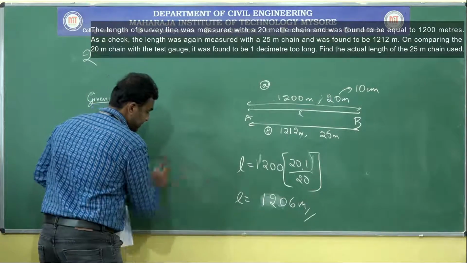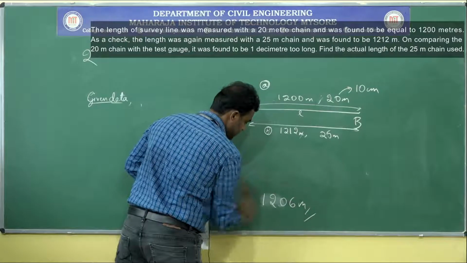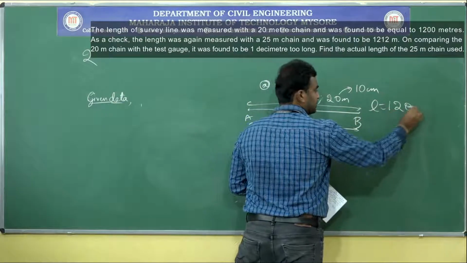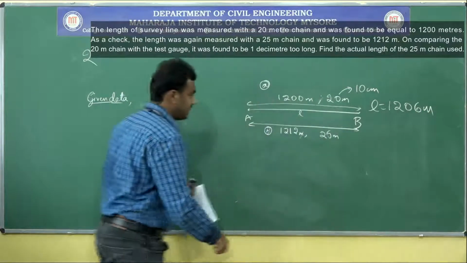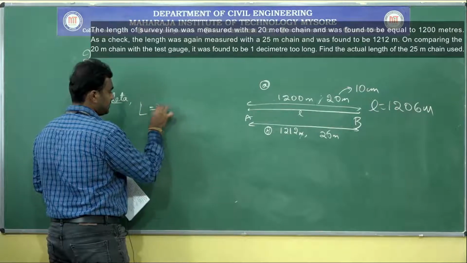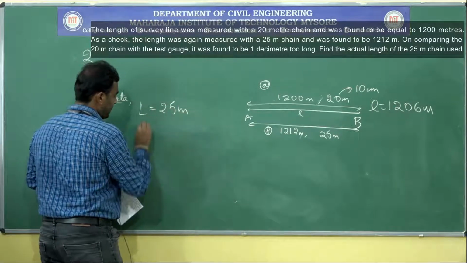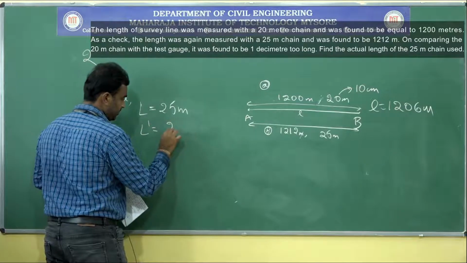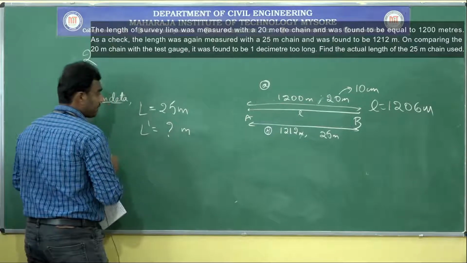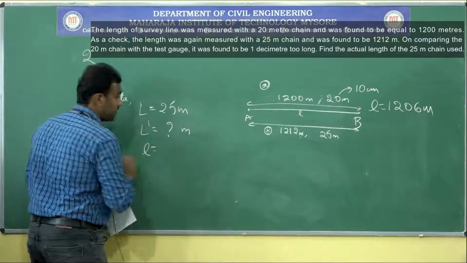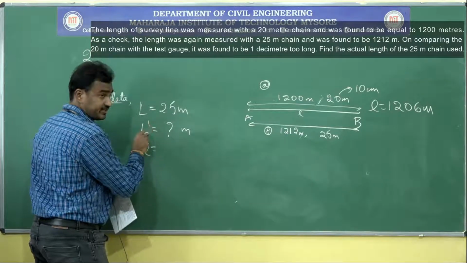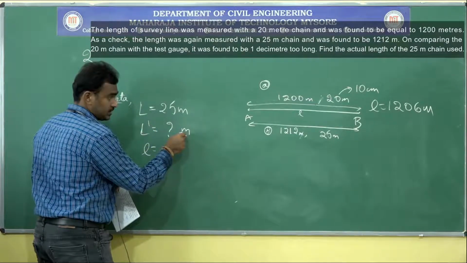So considering the second set of data now, we have got another data, that is the true length is equal to 1206 meters. In this, the designated length of the chain is 25 meter, and the incorrect length or actual length of the chain is what we have to find out.